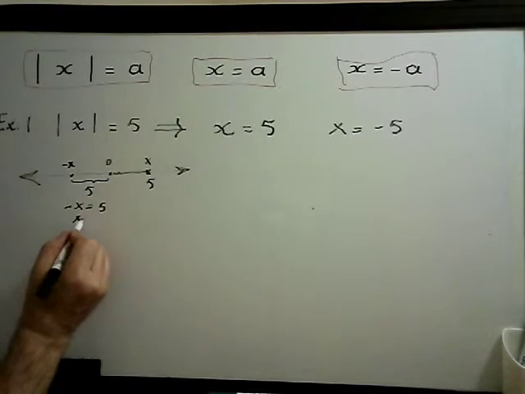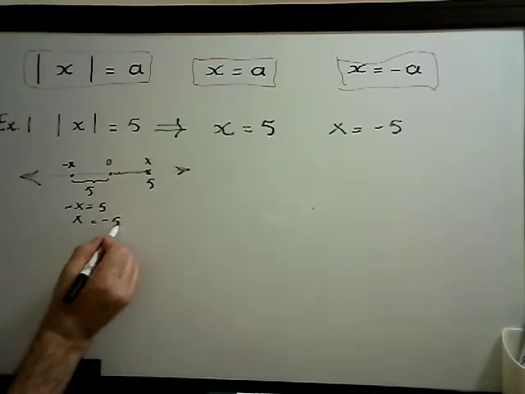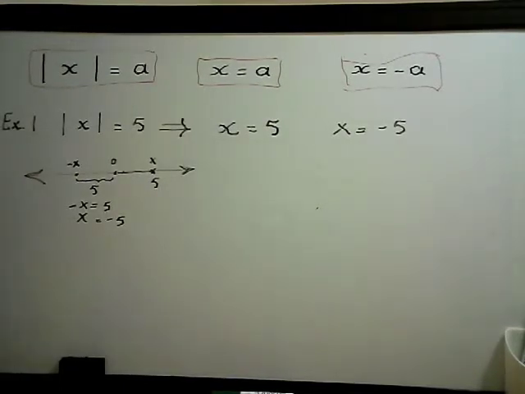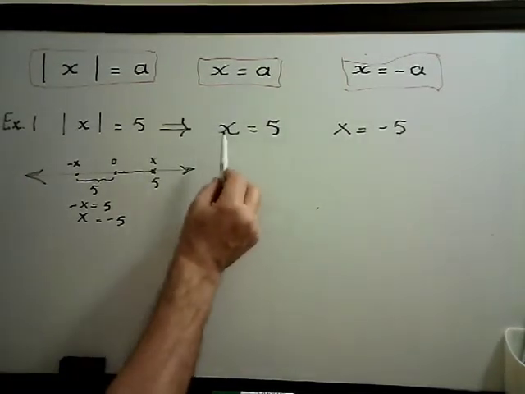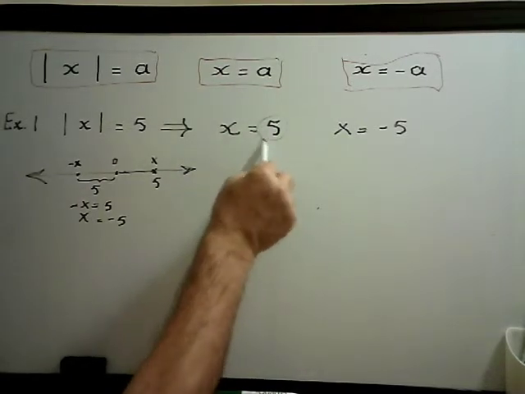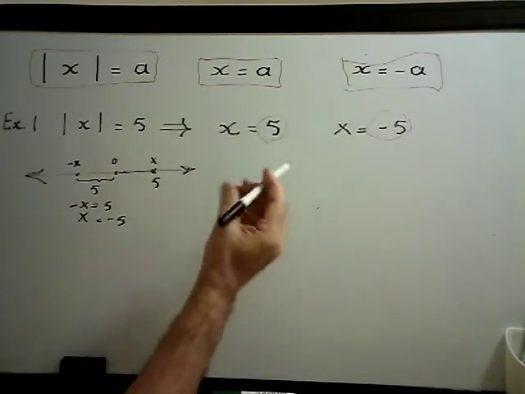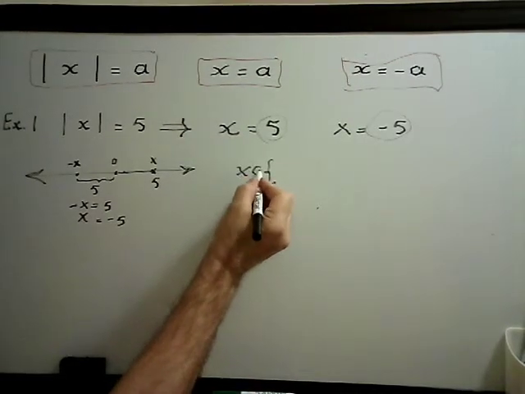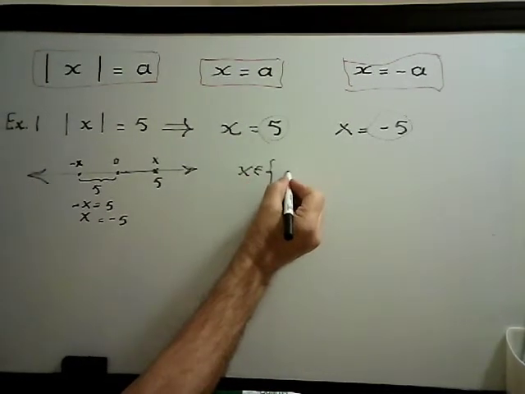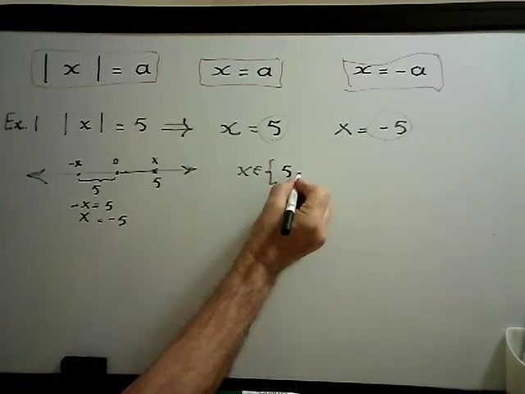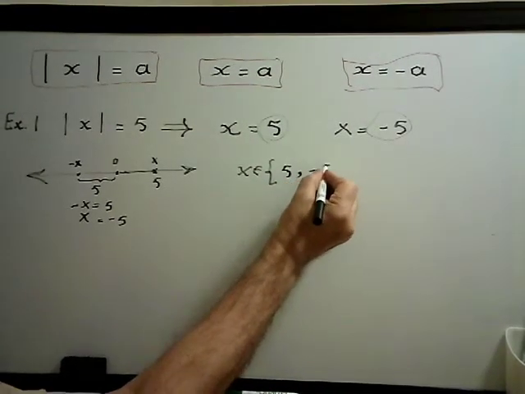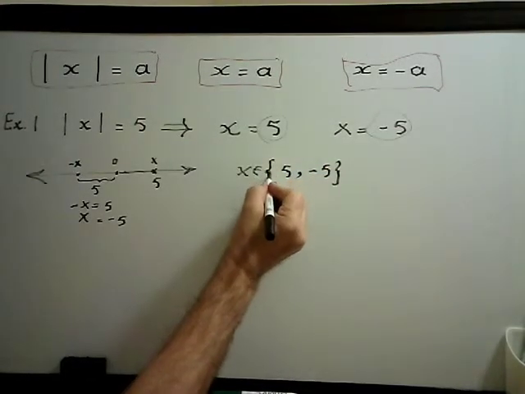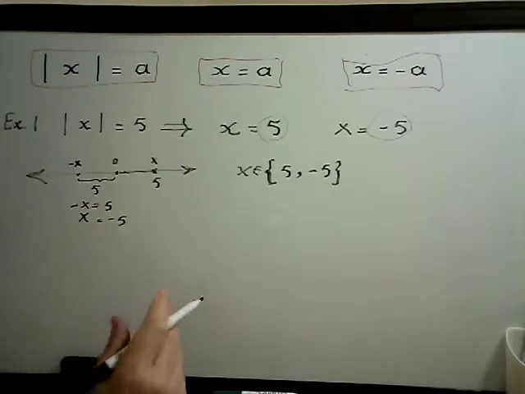That means x is equal -5. So the solution here has two answers. Solution is x belongs to 5 and -5. This is the simple form.